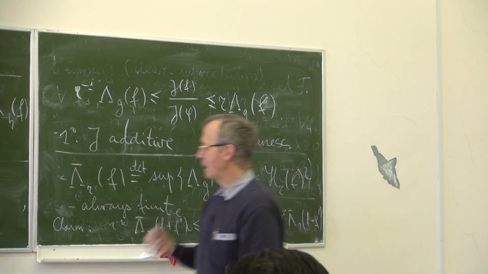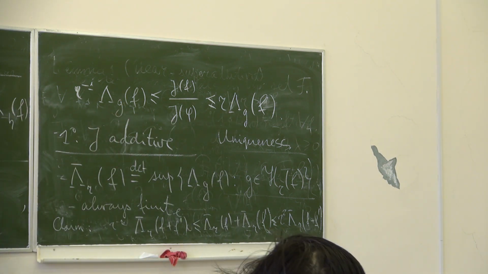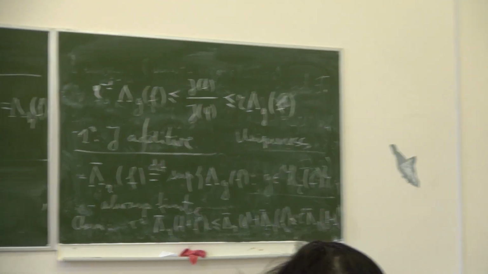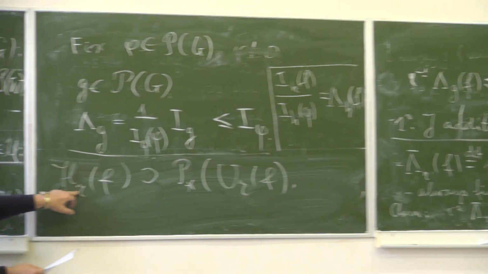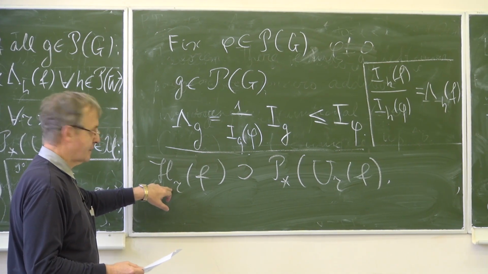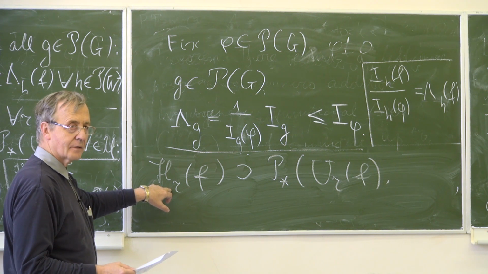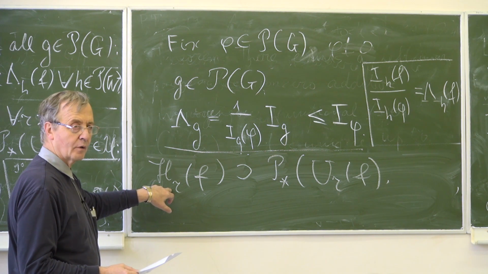Then when r tends to 0, it is clear that this r tends to 1. It's clear that monotonically this set becomes smaller. The smaller r is, the smaller this set is.